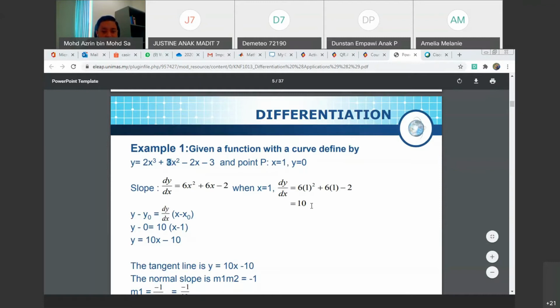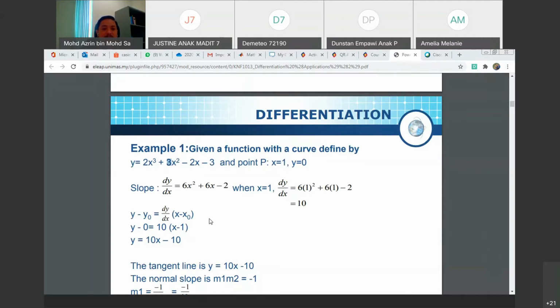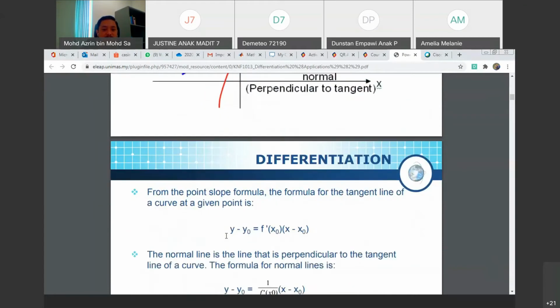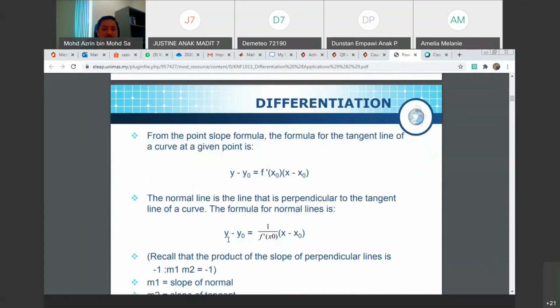So the slope value is 10. Now we can use the tangent line equation, and after that also the normal line equation formula. This is the formula for the tangent line, and this is the formula for the normal line.